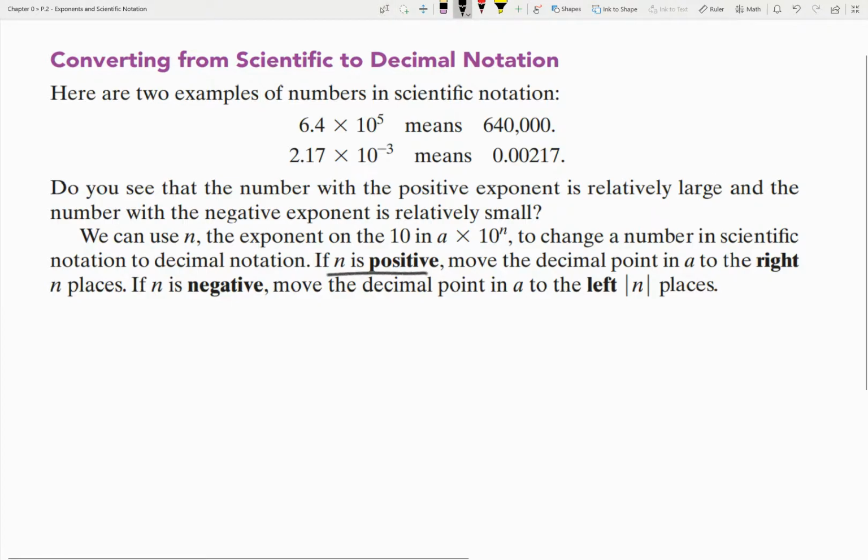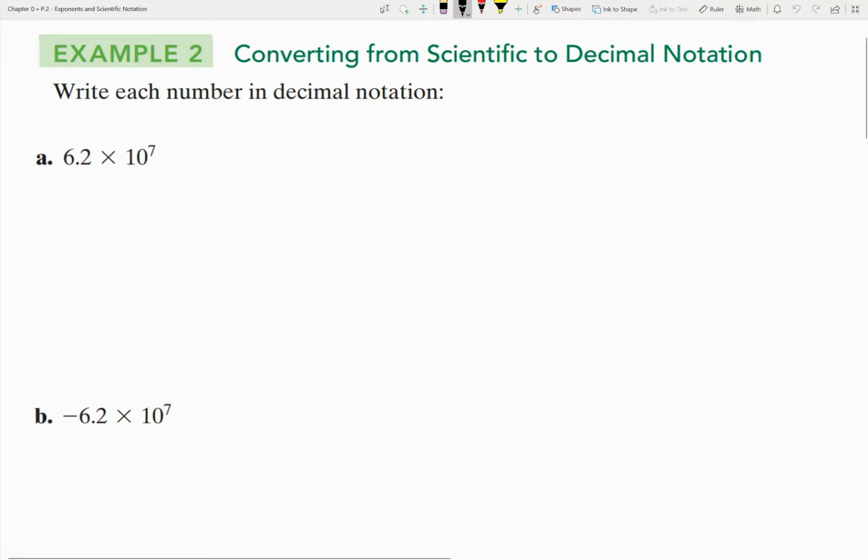If the exponent is positive, move the decimal point to the right. If it is negative, move the decimal point to the left, depending on the exponent. So, if we have a number like 6.2 times 10 to the 7th, we are going to take this decimal and we are going to move it to the right 7 spots.